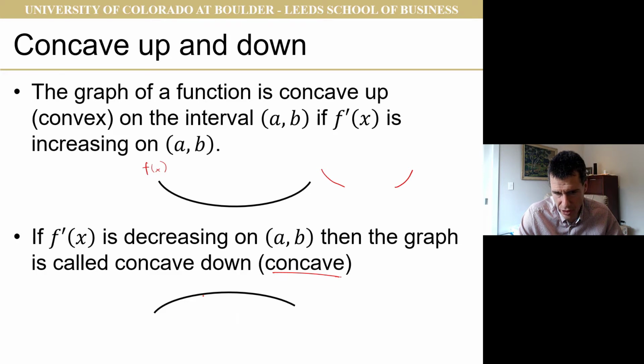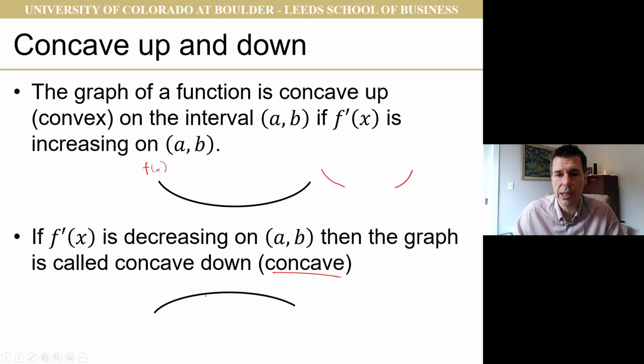The function is increasing, which means f prime is positive, but it's increasing at a lesser rate, so f prime of x is decreasing. And again, here, f prime of x is negative, and it's getting more and more negative. So f prime of x is decreasing as well. So a function that looks like this is concave down, and a function that looks like this is convex, or concave up.